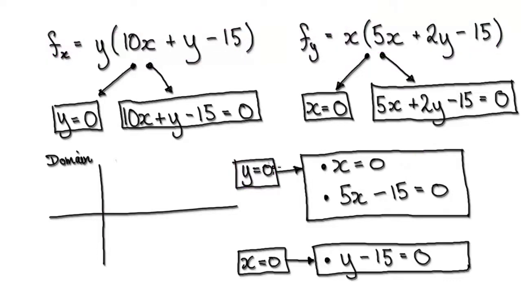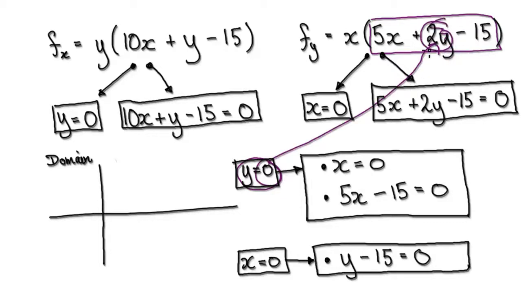And then when y equals 0, looking at this block, you put 0 into here. This thing here would disappear. So it boils down to 5x minus 15. So you want this thing here to be 0. So when y equals 0, add 15 divided by 5, x equals 3.